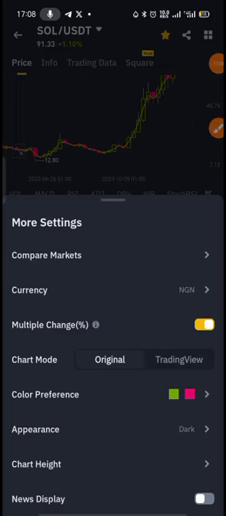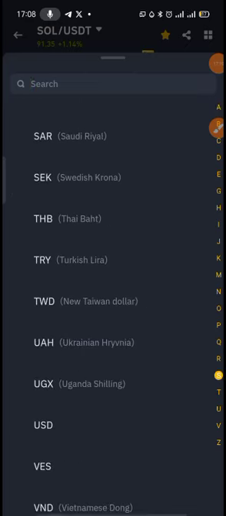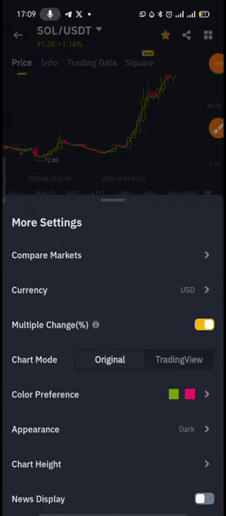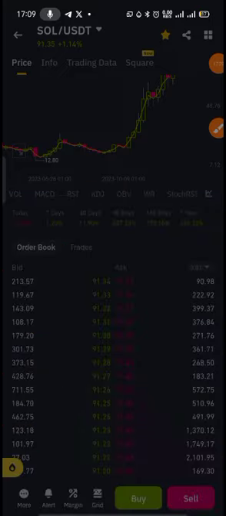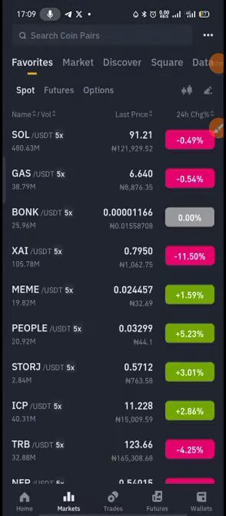You want to compare markets. We've already talked about comparing markets the other time. Currency, I put it in naira. I can change it to US dollar, so I can see my money in USDT, in USD. So no longer, let's see.